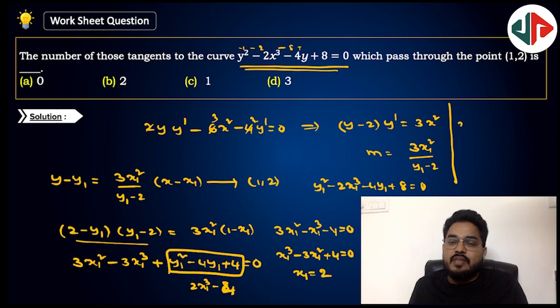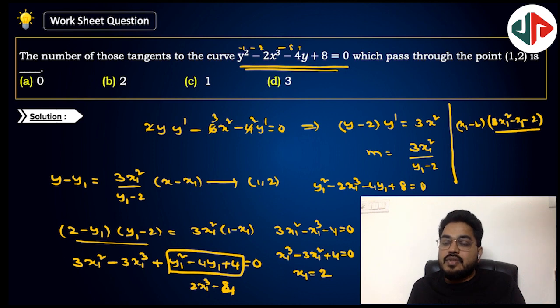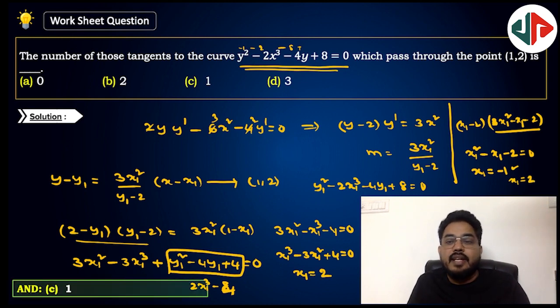So x1 minus 2 into x1 square minus x1 minus 2 is equal to 0. So x1 is equal to minus 1. Is x1 equal to minus 1 possible? And x1 is equal to 2.